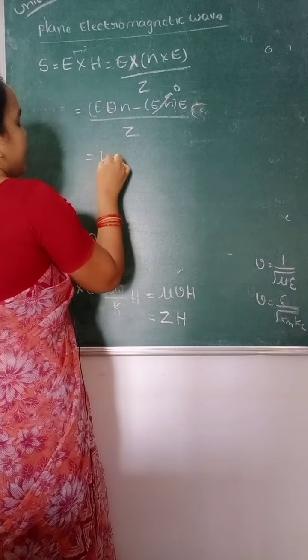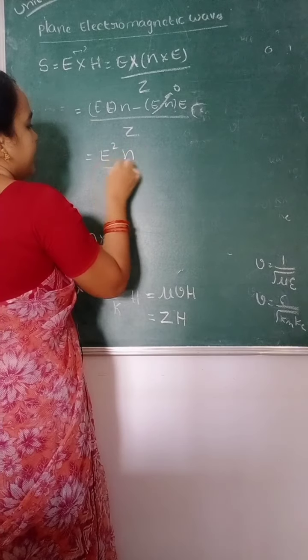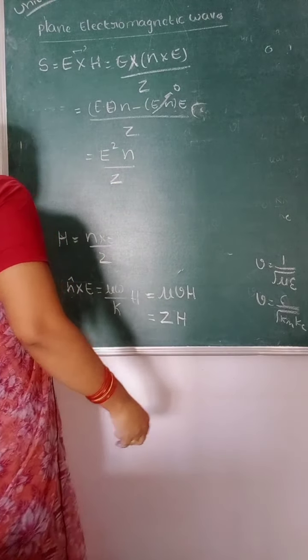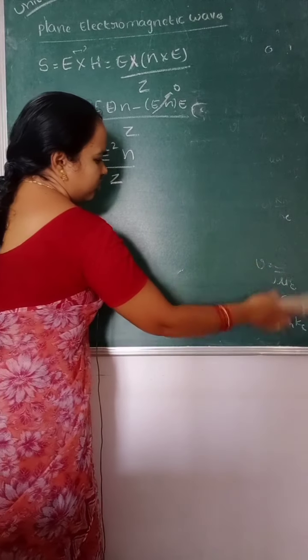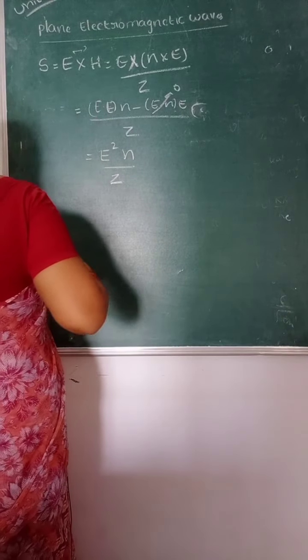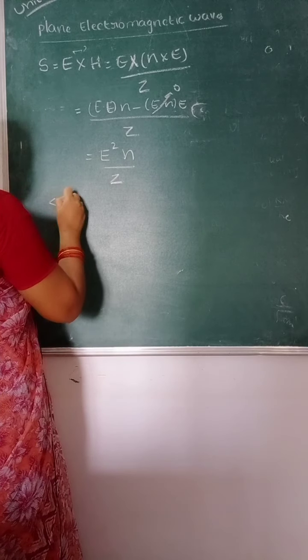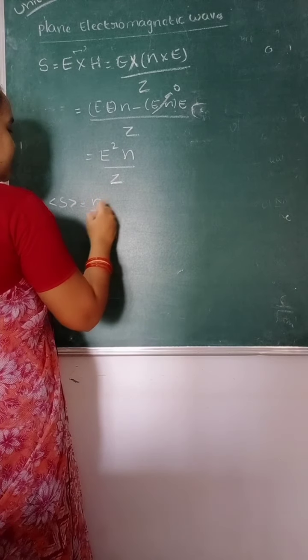That is E square N by Z. The average value of Poynting vector is N by Z times the average value of E square.